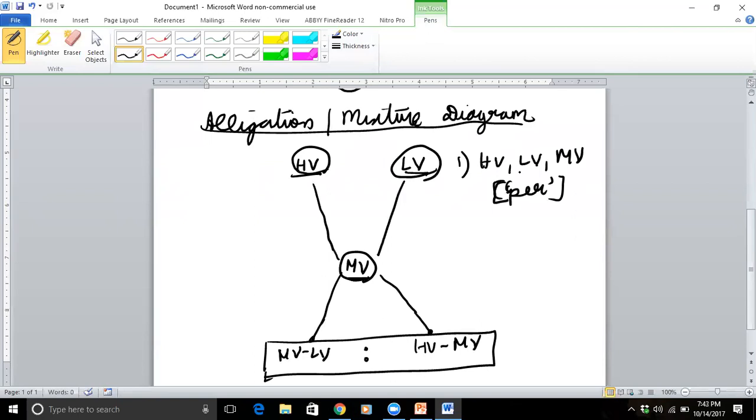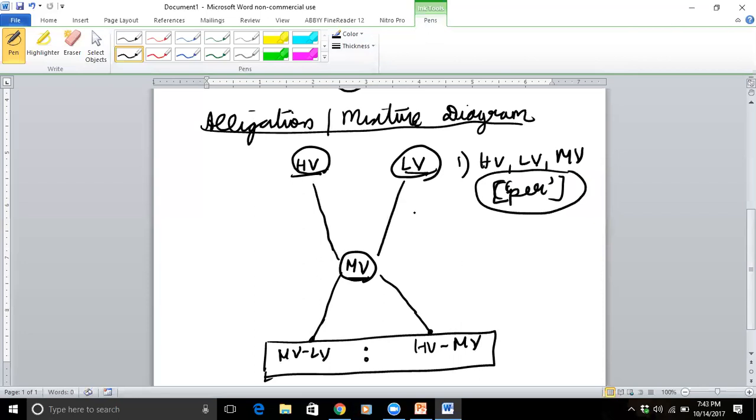You can also use averages, because when I say the average marks of a student in a class is 80, then I'm ideally saying that every student's mark is 80. You can also use it for fractions because fractions also associate with the word per. So you can make use of this alligation, the mixture diagram, not only while mixing solutions, you can always use it when you're mixing quantities which are associated with the word per.